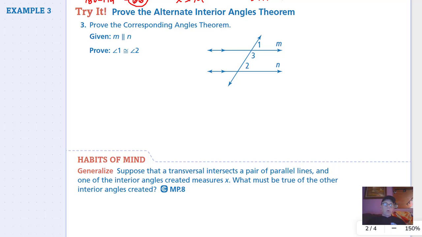Okay, so for this one, we want to prove the corresponding angles theorem. So we can't use corresponding angles in this one. We can use the other ones that we were given. So we have two lines that are parallel, and they want us to prove that angle 1 and angle 2 are congruent because those are corresponding angles. So in looking at this, same side interior angles says that the measure of 3 and the measure of 2 adds up to 180.